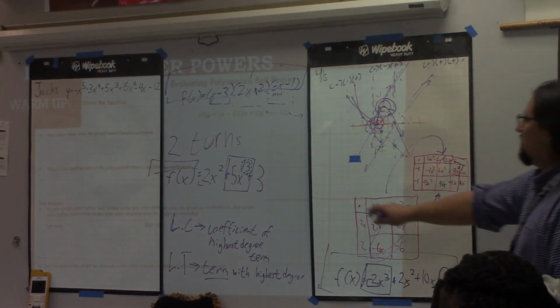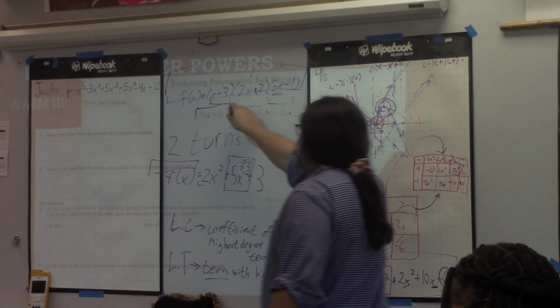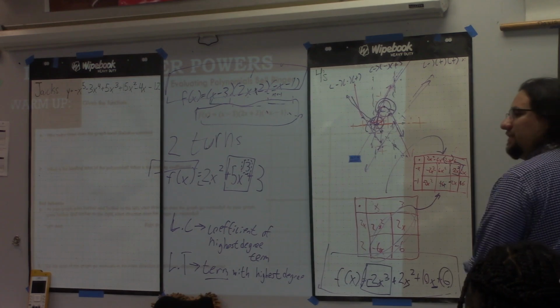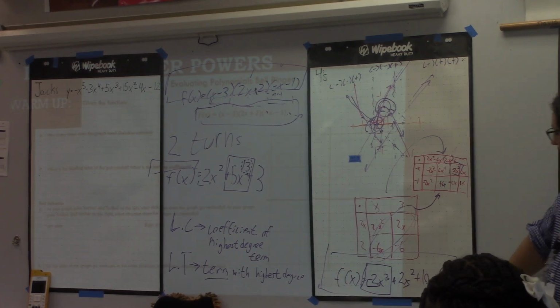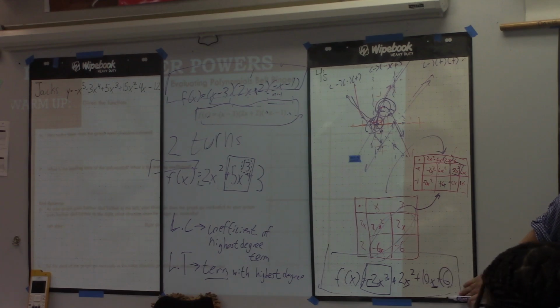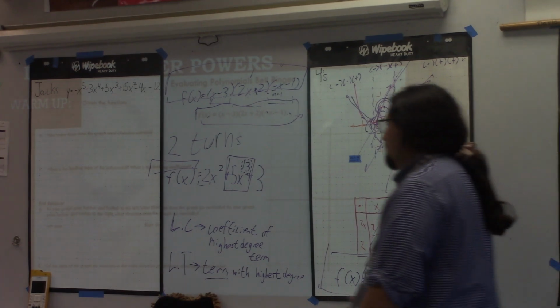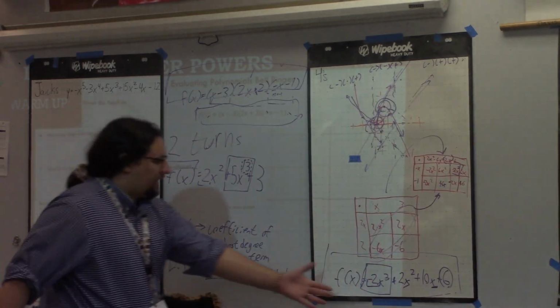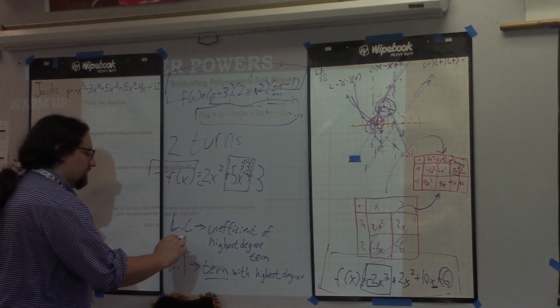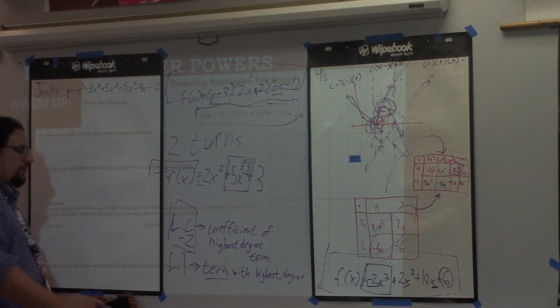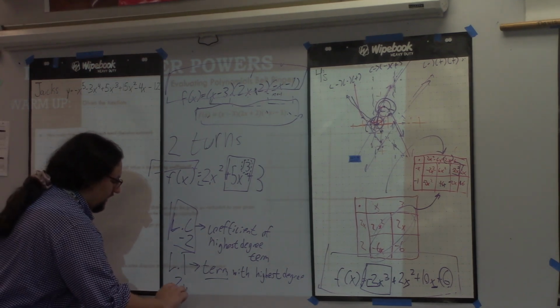That function that we started with at the very top, we found that the standard form was this one down here. This is that standard form that I'm referring to when we're talking about that leading term. So that means that the leading coefficient was -2, and that leading term was -2x raised to the 3.